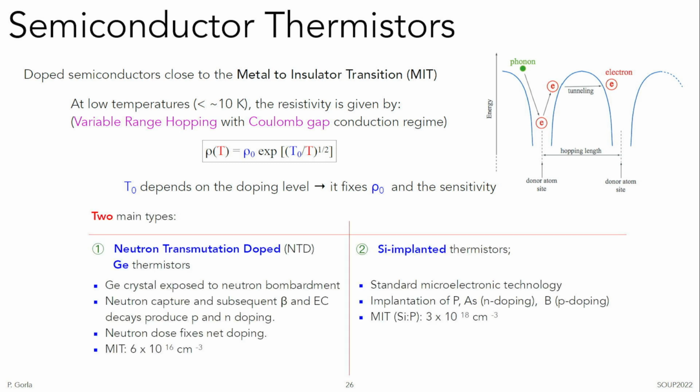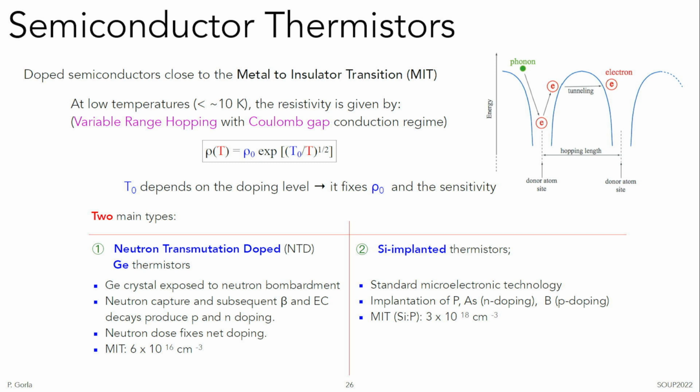I think there are basically two types of semiconductor thermistors that are widely used. One is the so-called neutron transmutation doped germanium thermistor.